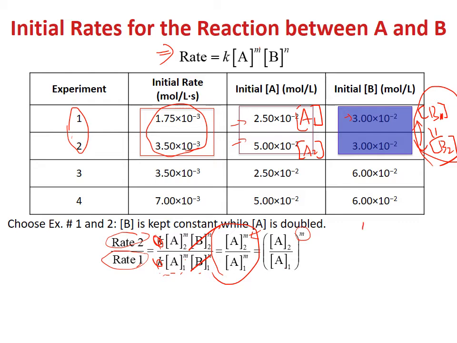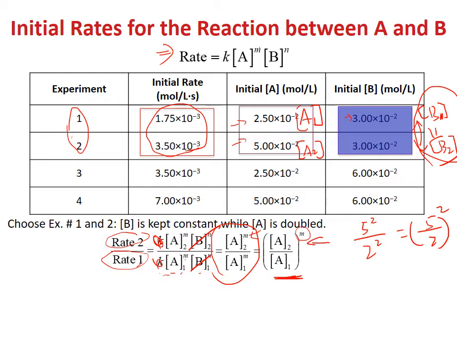So for example, 5 to the second power over 2 to the second power, you can write as 5 divided by 2 to the second power. So this is, in theory, the ratio of experiment 2 over 1 reaction rate.